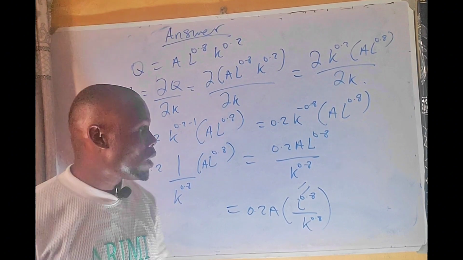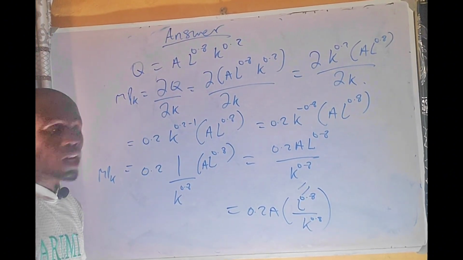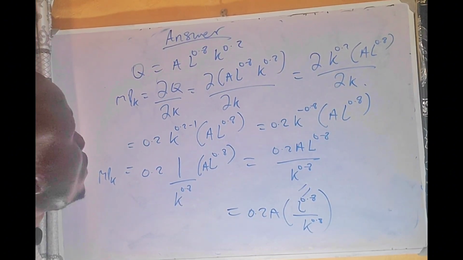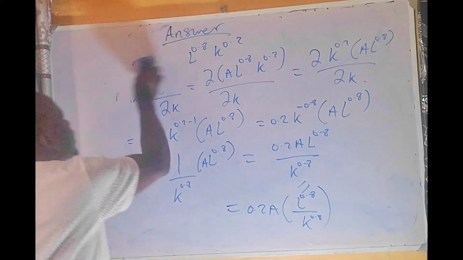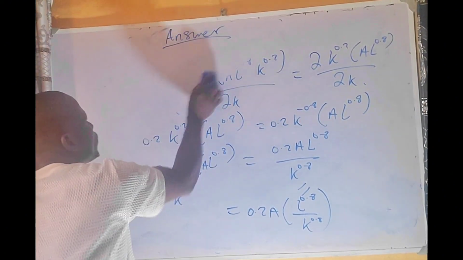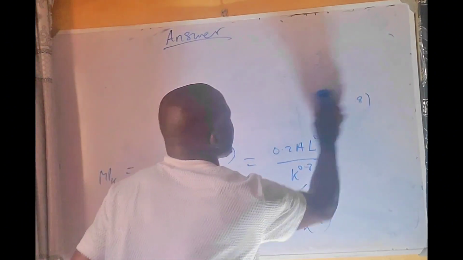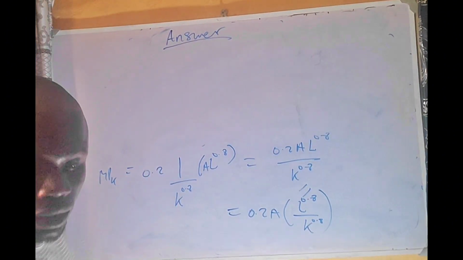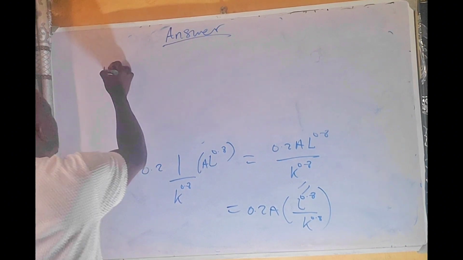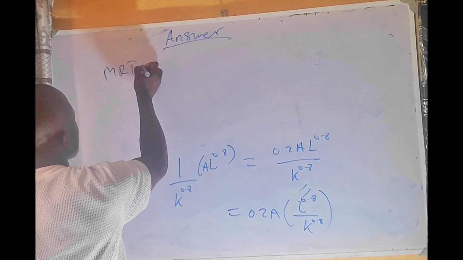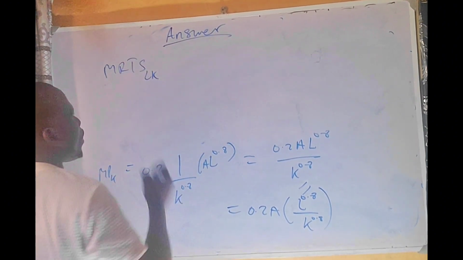Now the next tool that we have to find is our marginal rate of technical substitution of labor for capital, as well as the marginal rate of technical substitution of capital for labor. We have to find the marginal rate of technical substitution, that is, the marginal rate of technical substitution of labor for capital.